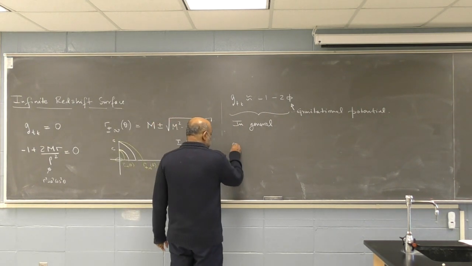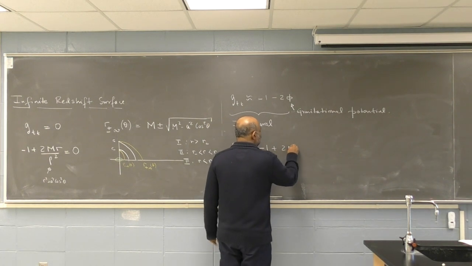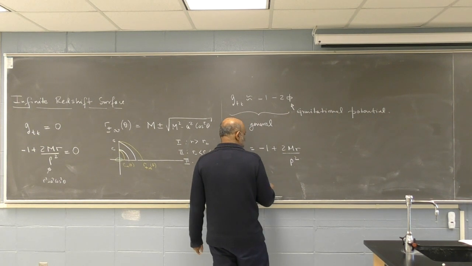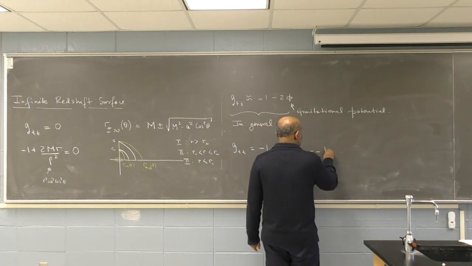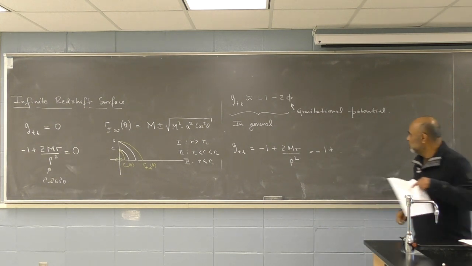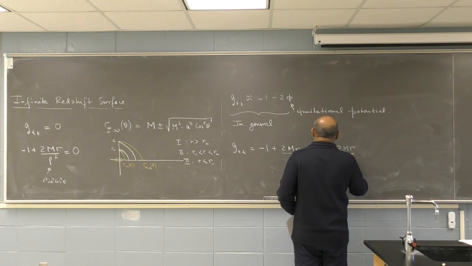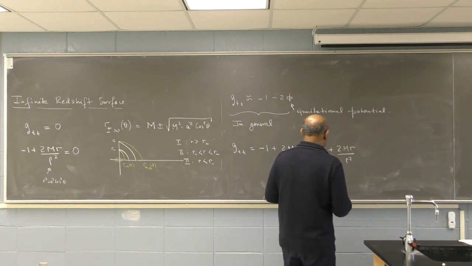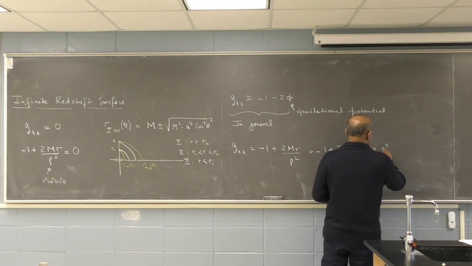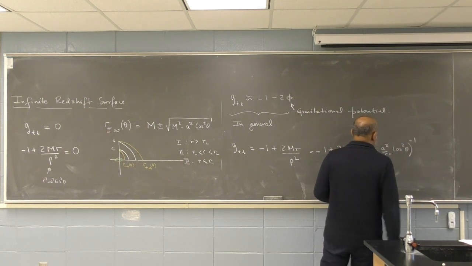And so in our case, g_tt is -1 plus 2mr over rho squared. With a little algebra, I can write this as, let me make sure the expression is correct, 2mr, really I want factors of r, over r squared times 1 plus a squared over r squared cosine squared theta, minus 1.